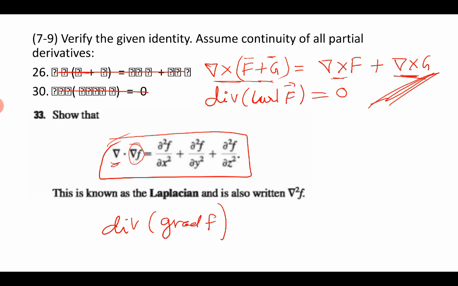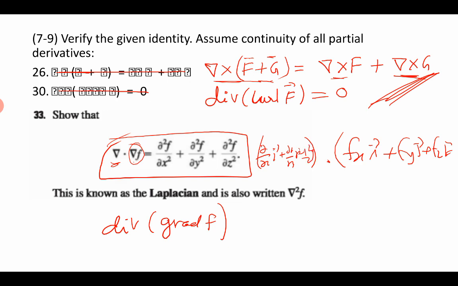Gradient is f_x i, f_y j, f_z k, and the del operator gives dou by dou x i, dou by dou y j, dou by dou z k. The dot product will give second derivatives, f double x, f double y, which is easily verified, but we don't want this kind of proof for this semester.